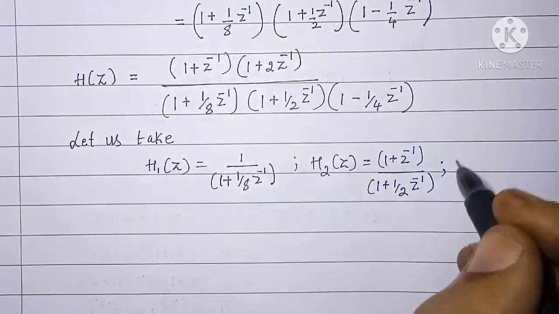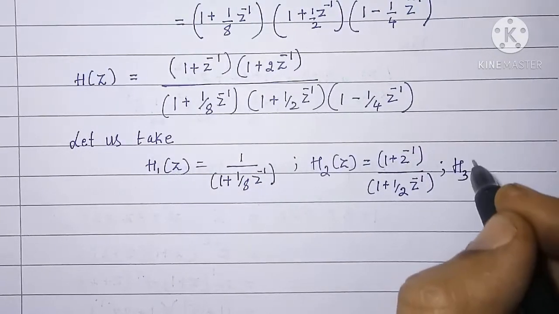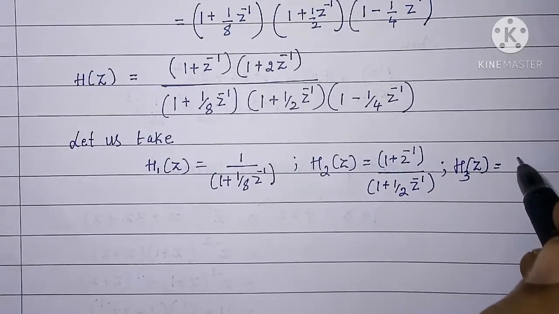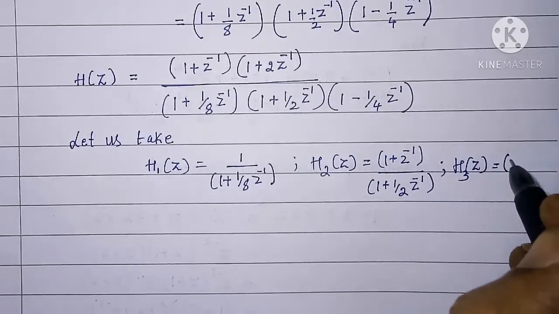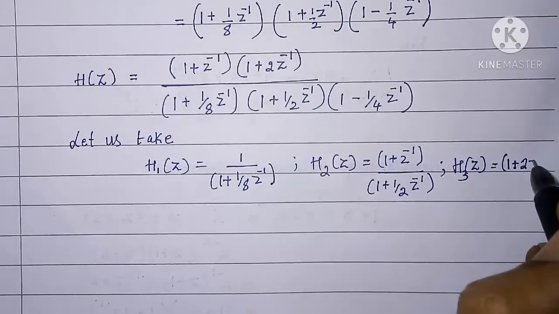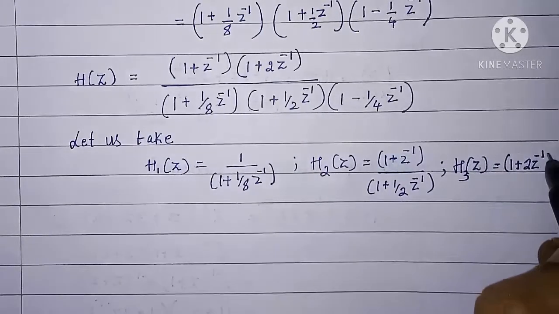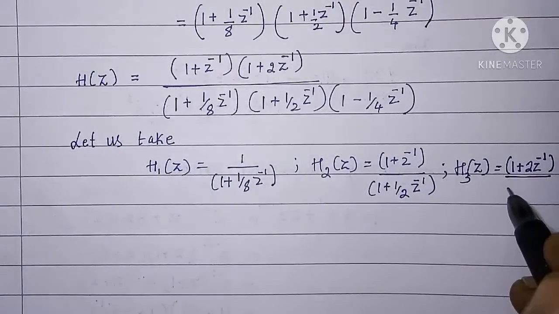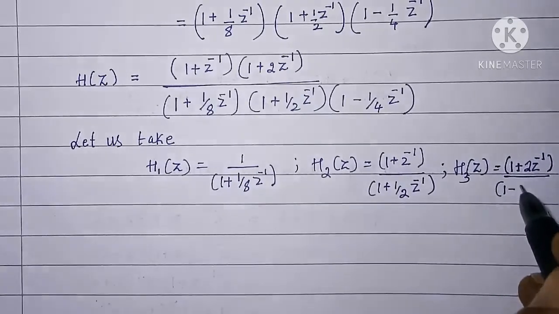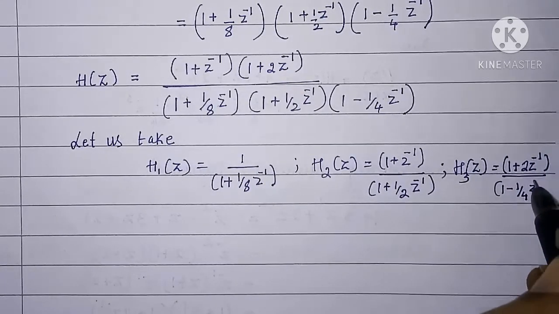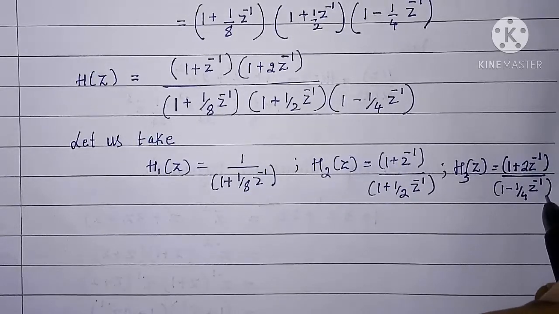And h3 of z equal to 1 plus 2 into z raised to minus 1 by 1 minus 1 by 4 z raised to minus 1.